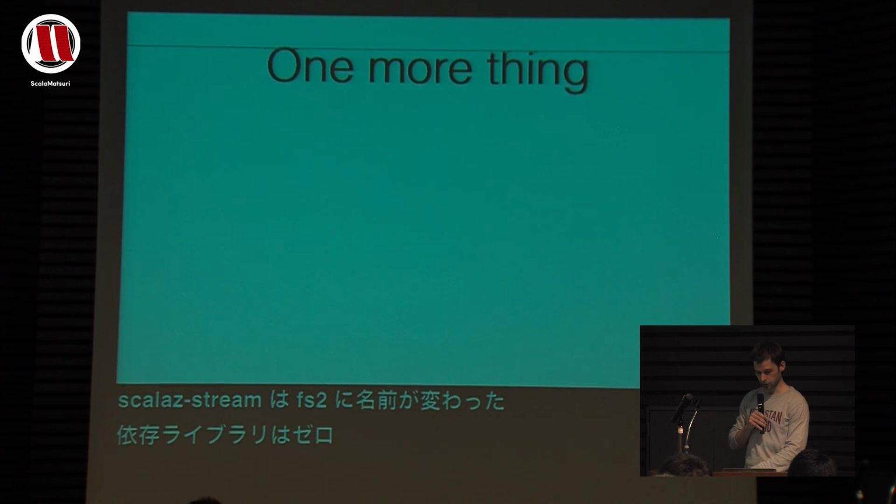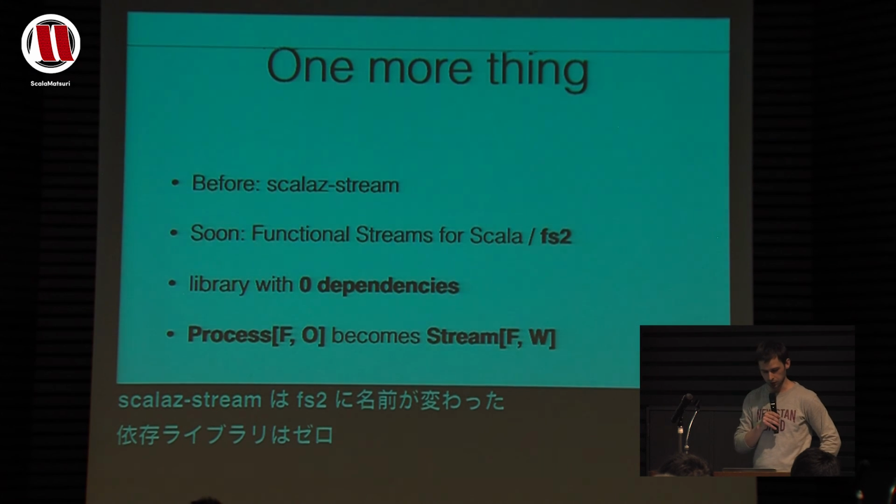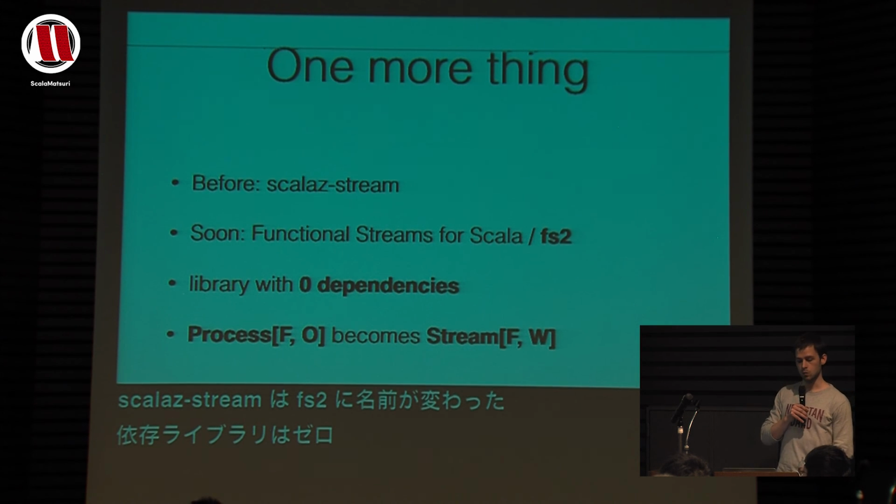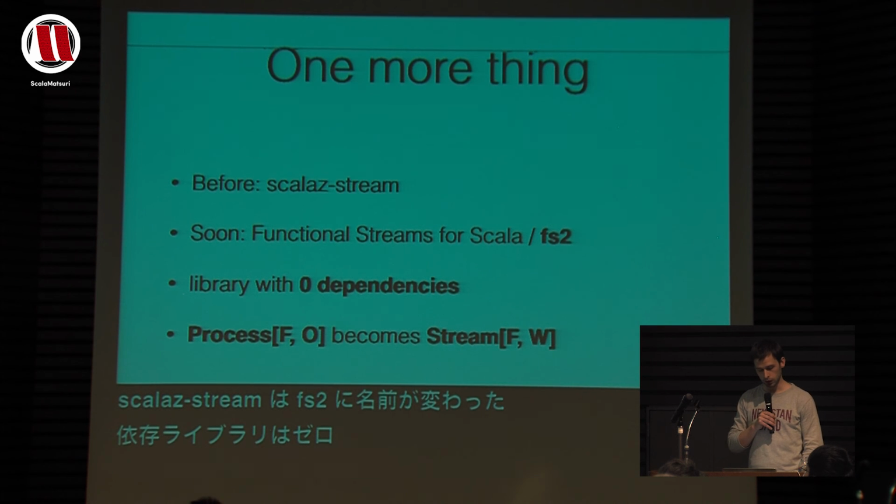There's one more thing I have to tell you, which actually made this presentation a bit more difficult, but I just ignored it. Very soon, what is now called Scalaz-Stream will be called Functional Streams for Scala, or FS2. This library will have zero dependencies. So at the moment, Scalaz-Stream depends on, you guessed it, Scalaz, but FS2 will not depend on Scalaz.